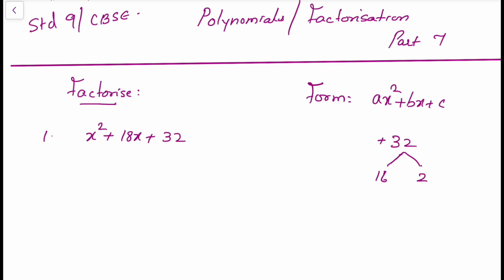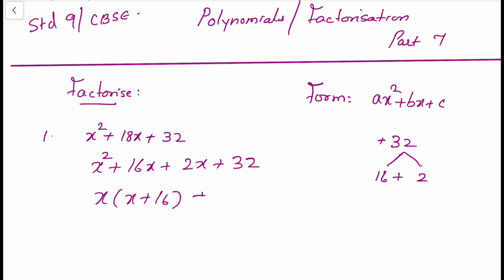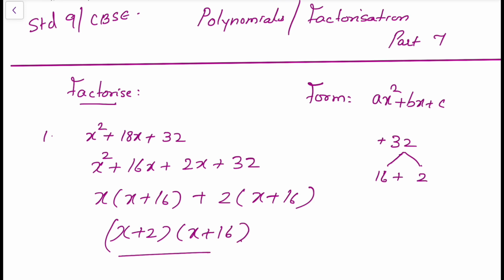Here 16 into 2 is the one we will use, because 16 plus 2 gives 18. So you can write this as x squared plus 16x plus 2x plus 32. So x into x plus 16 plus 2 into x plus 16. So x plus 2 into x plus 16.